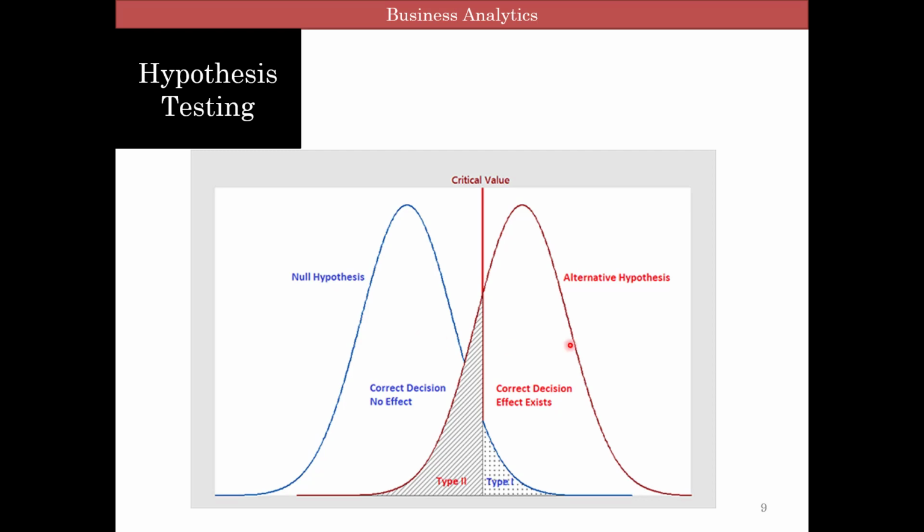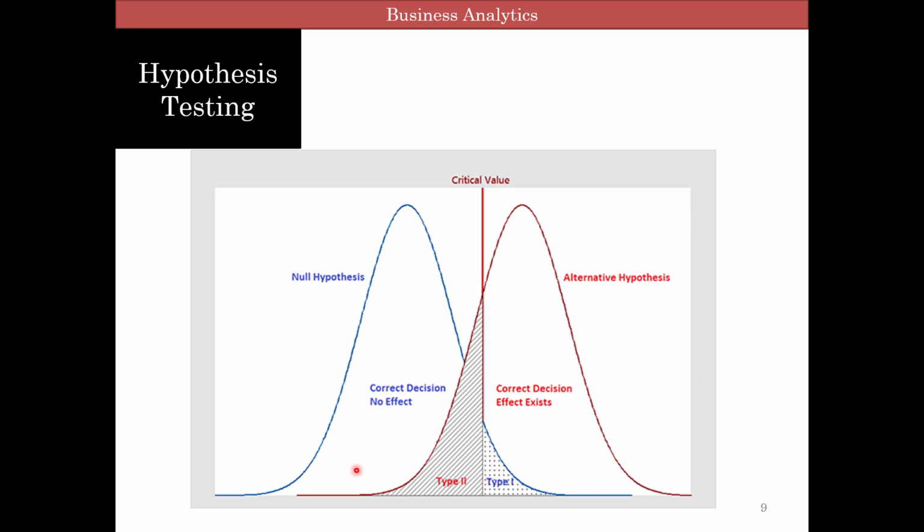Let's take a sample, right? Take a sample and we want to see whether it has increased or not. Does it belong here or does it belong here? And normally in hypothesis tests, what we do is we take a critical value, and we say everything to the right of this critical value, we will reject the null hypothesis and say that things have changed.